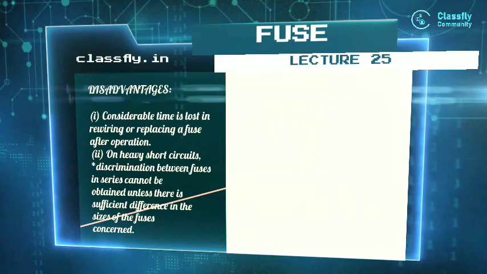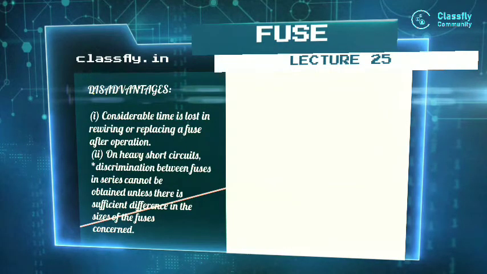Now we will see the disadvantages. Considerable time is lost in rewiring or replacing a fuse after operation. As I said in the video, when the fuse melts, we can't use the same fuse again, so we have to replace it manually.